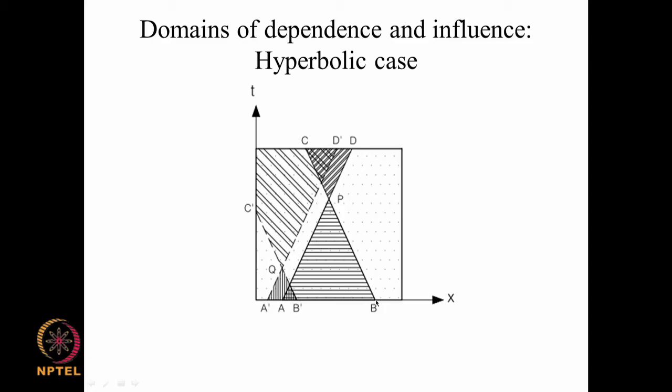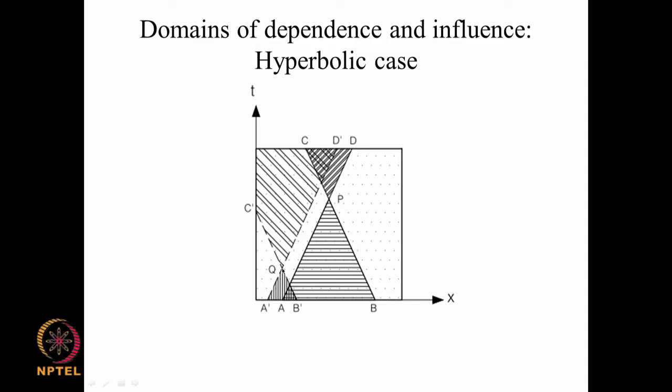So, the initial condition at t equal to 0 at point B should not influence Q, and the initial condition at any point B prime between this A and B must influence point P. Okay. And so, this triangle PAB is the domain of dependence for point P, and that domain of dependence changes depending on where this point P is in this solution space.